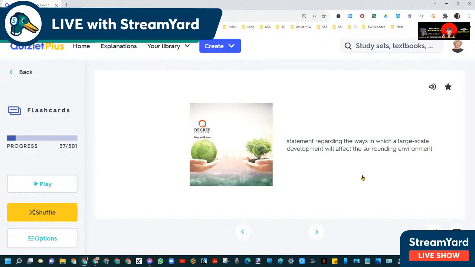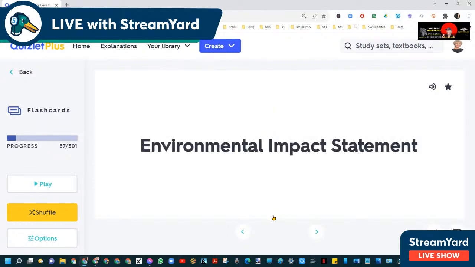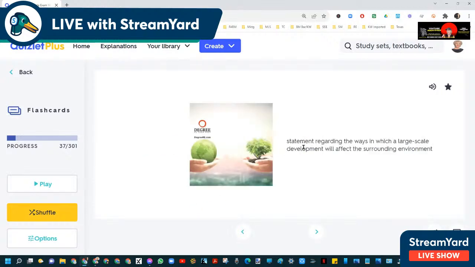And you're very welcome, vocabulary is crucial. Making you guys think. Use your brains, not just memorize. Environmental impact statement. That is a statement regarding the ways in which a large-scale development, a major development, will affect the surrounding environment.